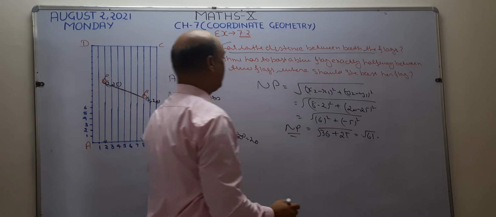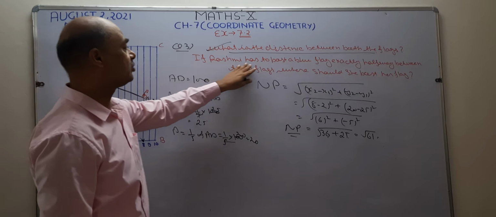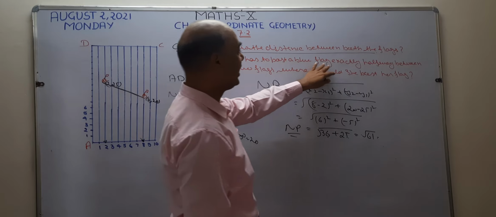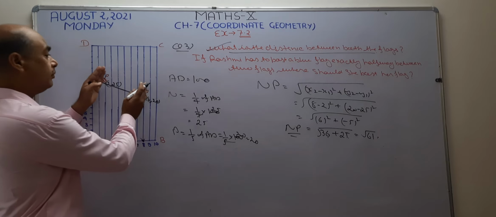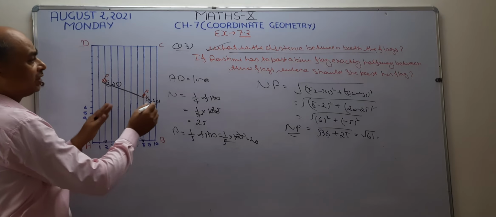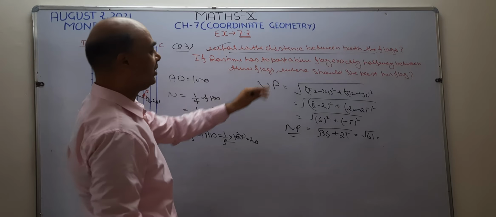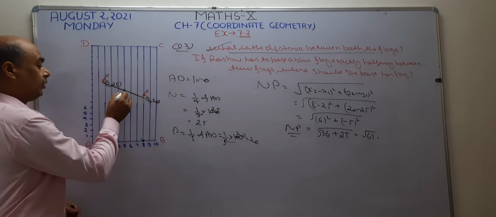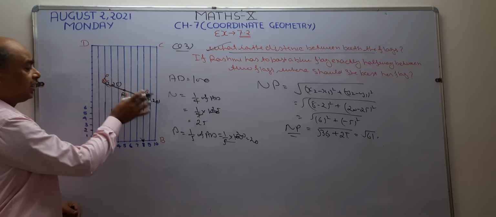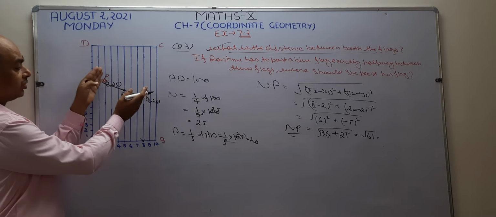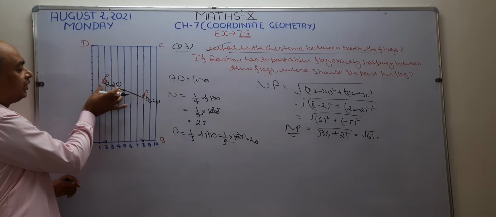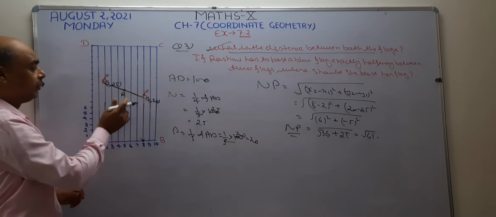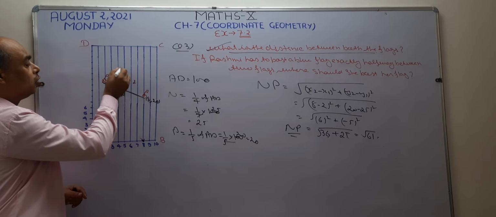Now see the second part, what is given? If Rashmi has to post a blue flag exactly halfway between two flags, these two flags are given, Rashmi is going to run in the halfway of both the flags. Halfway means mid of the point. So Rashmi is going to run in the mid of both the flags, which means the distance from left to right is going to be the same, suppose 2:2 or 3:3.